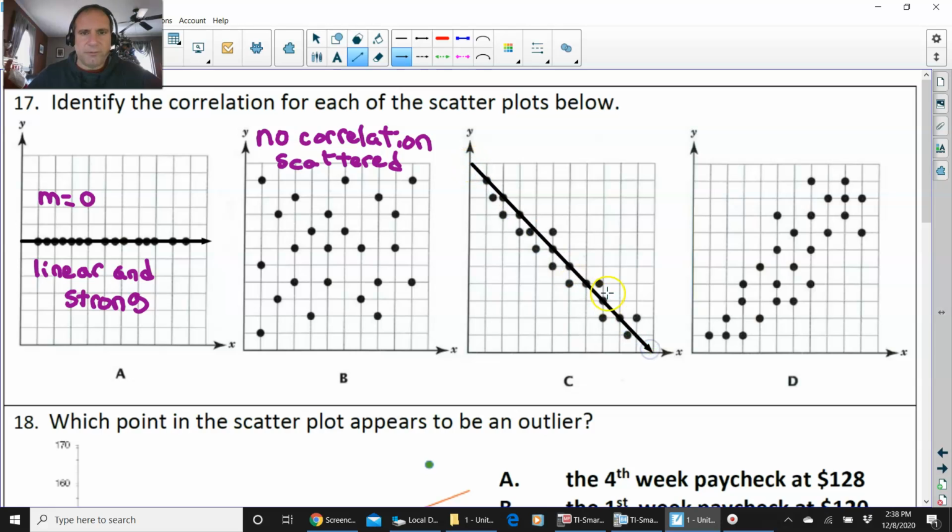Trend line here, going through the center of all the points. This right here, I'm going to move this down a little bit. Right there, yeah, that's it right there. That's good. All right, is a negative association.